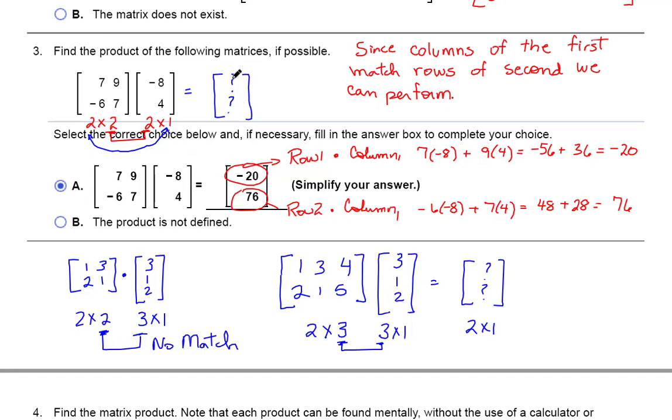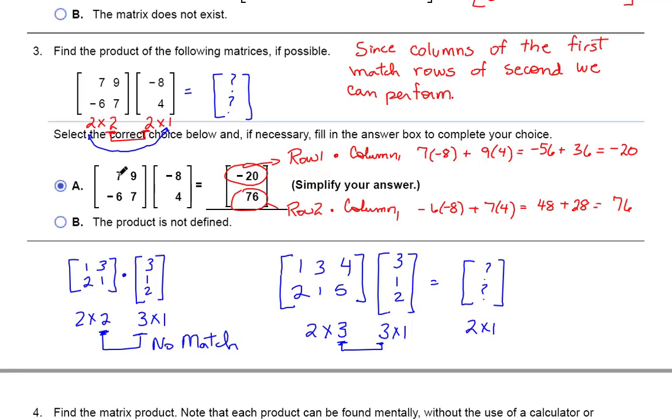Now, how do we get the numbers? To get this first number here, this is in the first row, first column. I take row 1 of A and I multiply that by column 1 of B, the second one. Now when I say multiply, I mean term by term as I do this. So across and down, and then I'm adding them up.